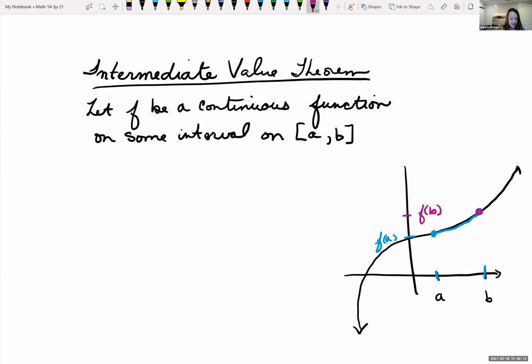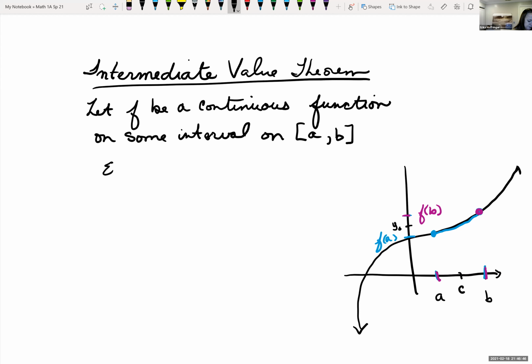What this theorem says is if we have a function that's continuous on this interval a, b, then there must exist any y value that falls between f of a and f of b. So there must exist some c value in here that would give us a y sub 0 value in here. So let me go back and finish off what we were saying. Let f be a continuous function on some interval a, b.